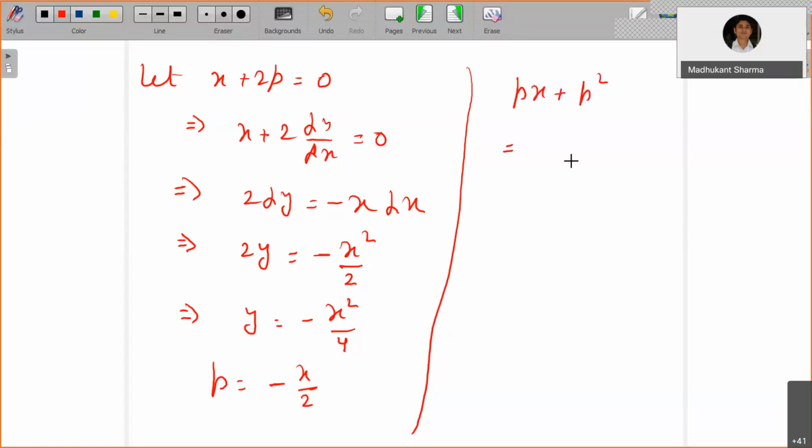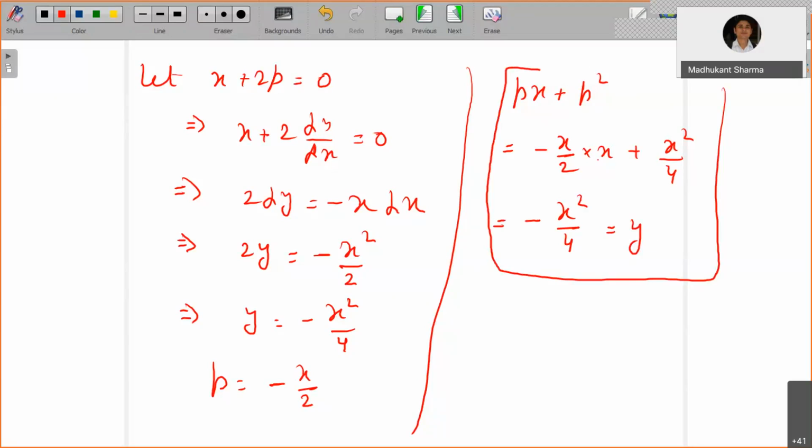That is going to be minus x by 2 times x plus x square by 4. So this is minus x square by 2 plus x square by 4, which is minus x square by 4. And that is nothing but y. So this satisfies the original equation. Hence, this is a solution, and it is called the singular solution of the original problem.